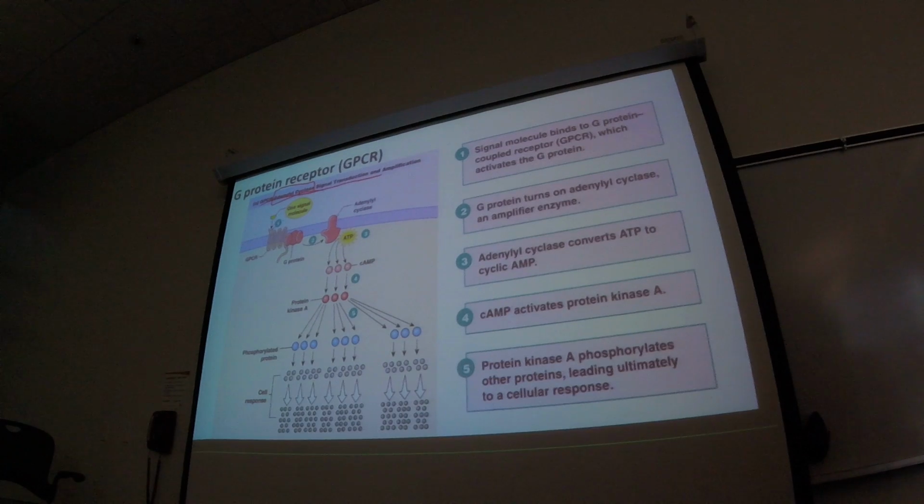And so the idea here is the first messenger will bind to the GPCR, and this will activate the G protein. The G protein then activates this adenylyl cyclase, and all it does is it takes an ATP, that unit of energy, and breaks it into cyclic AMP.